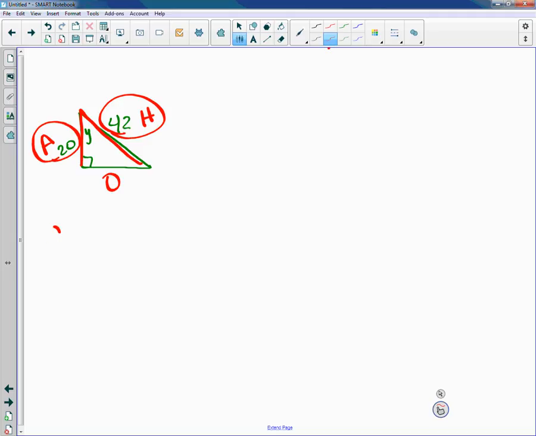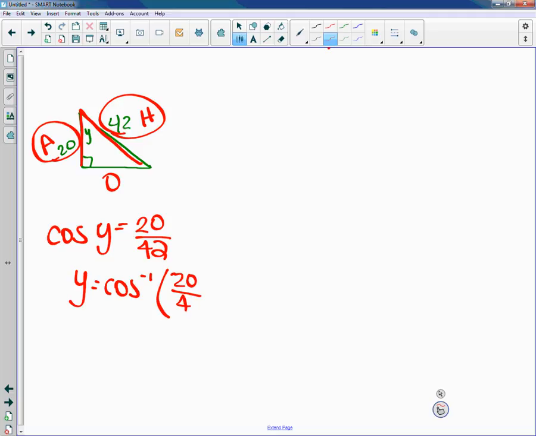A and H gives you cosine of y is equal to 20 over 42. Now, because I don't know the angle, it becomes cosine inverse of 20 over 42, which equals 61 point 5.